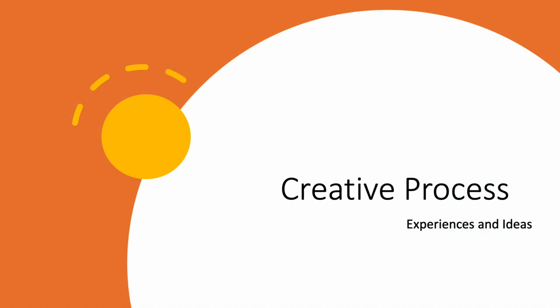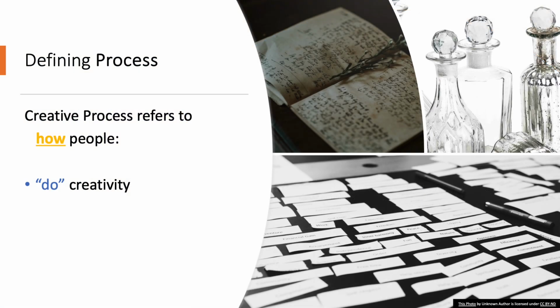What is creative process? Well, creative process refers to how we go about creating, how we do creativity. It's the how. So creative process is all about the how. I like to think of creativity as happening in one of 2 ways. I like to think that there are 2 general umbrella types of creative process.